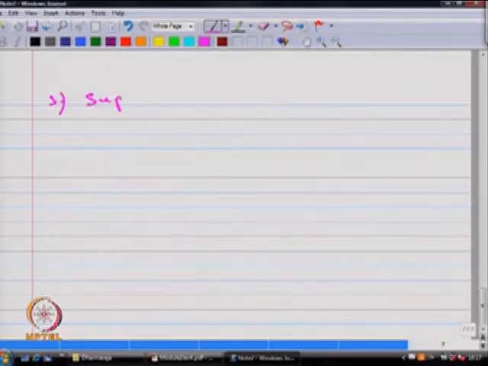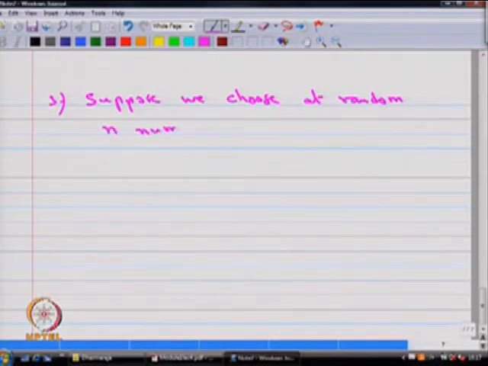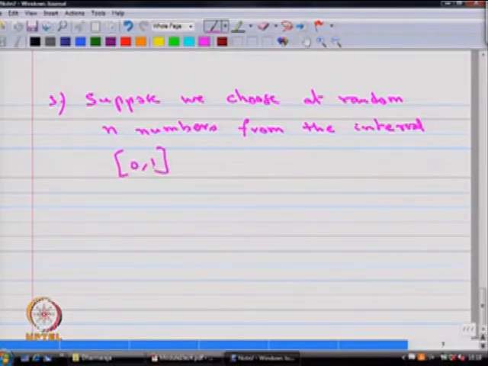Suppose we choose at random n numbers from the interval 0 to 1 with the uniform distribution.